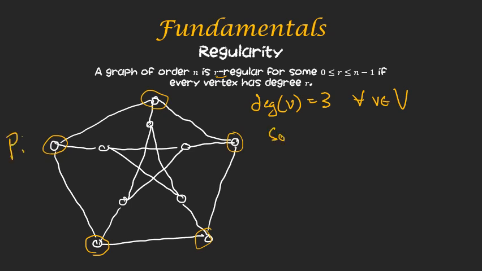I'm going to call this P for Petersen. So P is a 3-regular graph, and that's just what we mean by regularity: every vertex has that same degree, 3. In general, r-regular means every vertex has degree r.